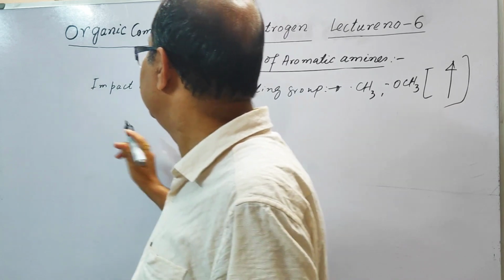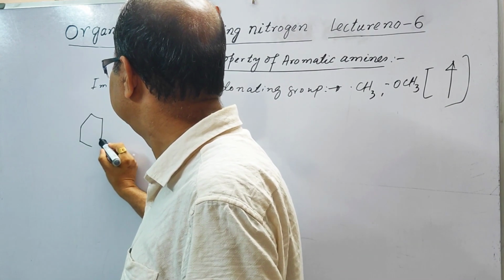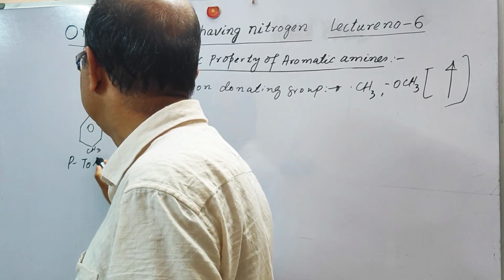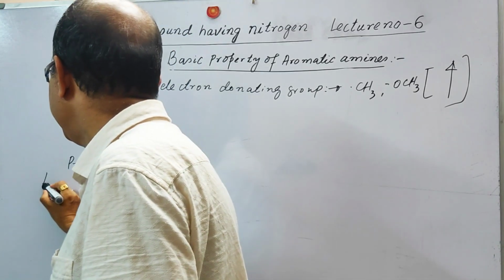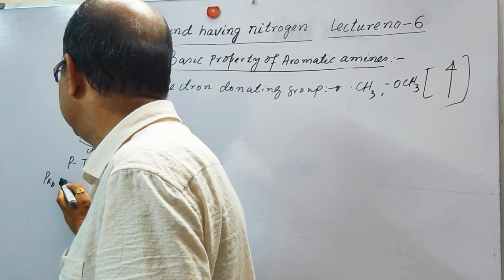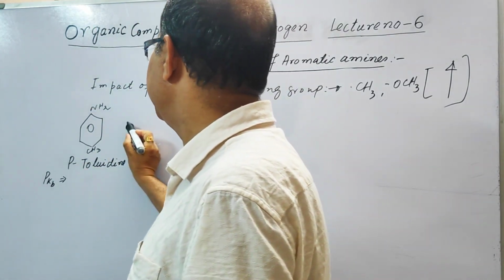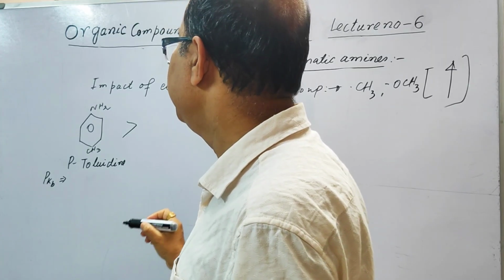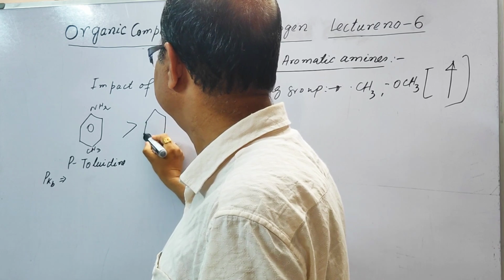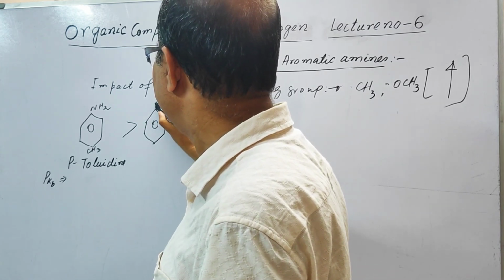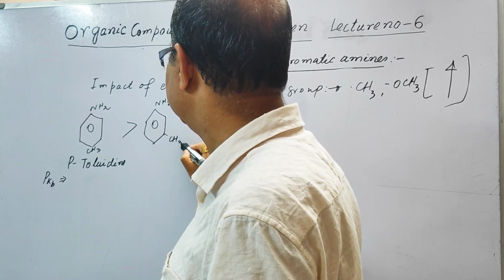So for that, first we will see para-toluidine. It has the highest basic property, that we will see later on. We will put this value. Para-toluidine is greater than meta-toluidine, when this group is put at the meta position.